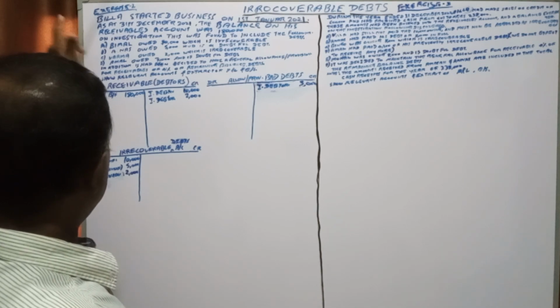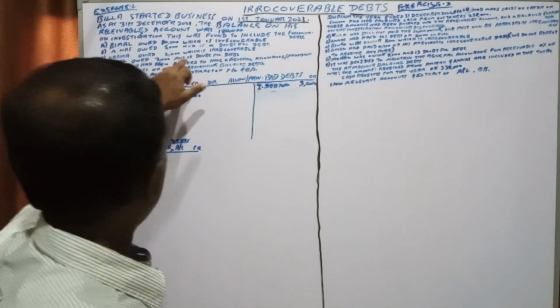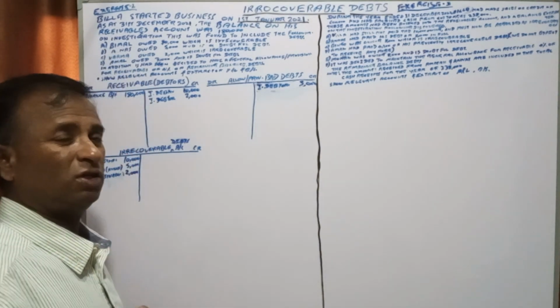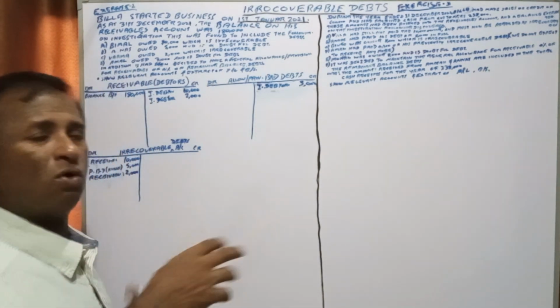And D, Amal owed 3,000 and it is a doubtful debt. We don't know whether he will pay or not.